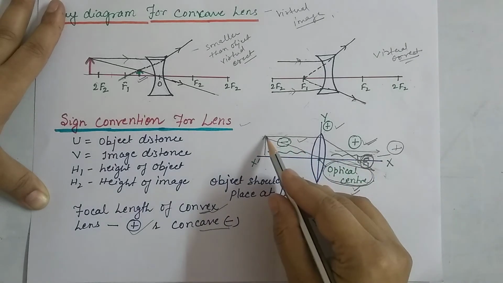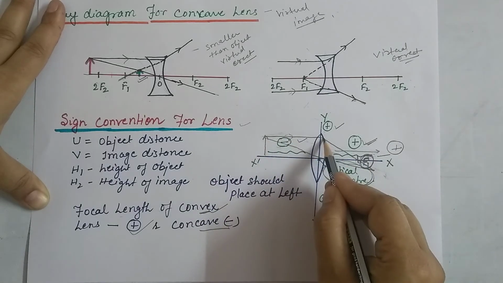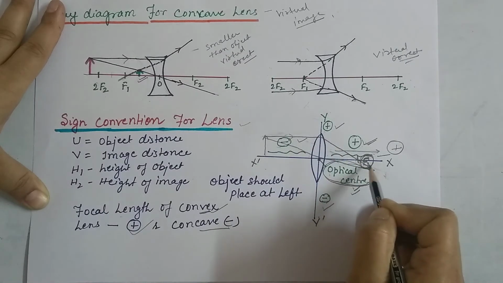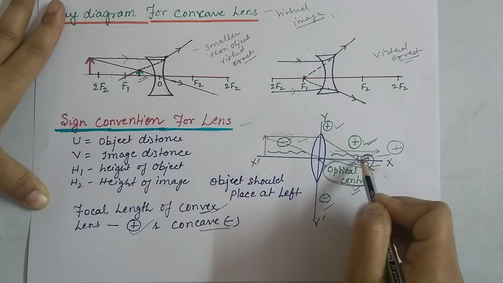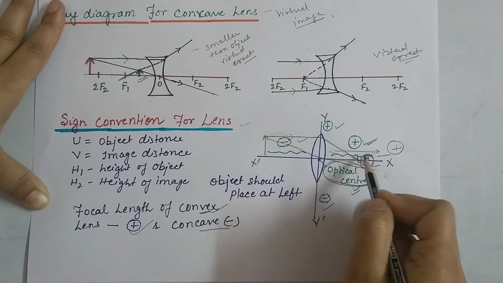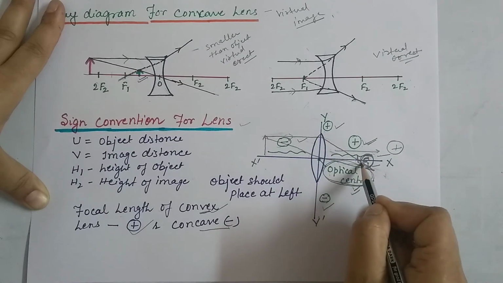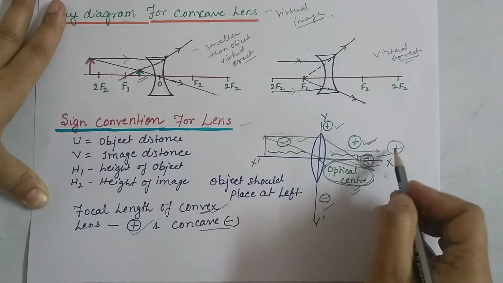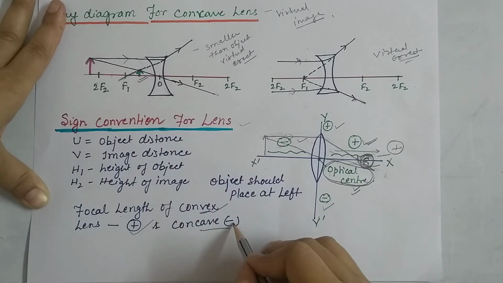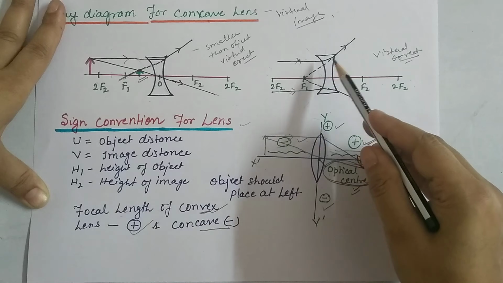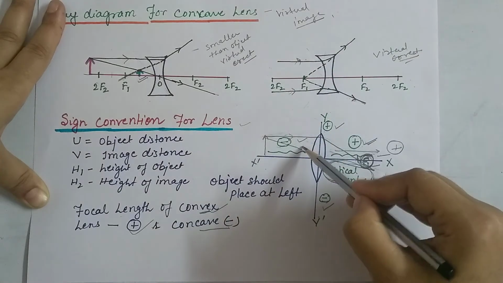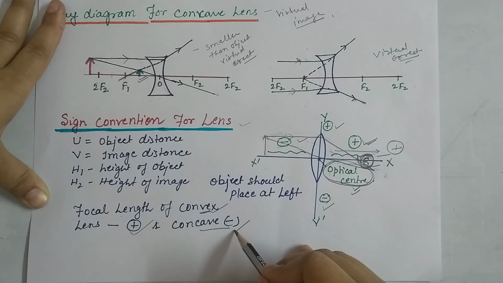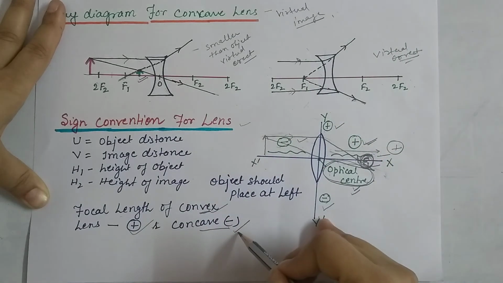Here you are able to see that the light ray is incident and then refracted and must pass through the focus. So we consider this focus, where the light ray gets refracted and passes through, as positive. In the concave lens you are able to see that the focus is in the left side direction. So in the concave lens the focal length will be considered negative.